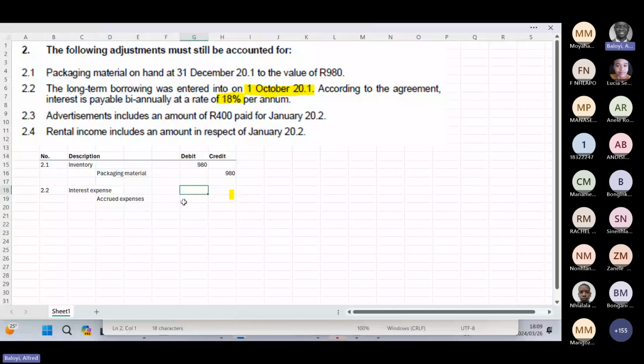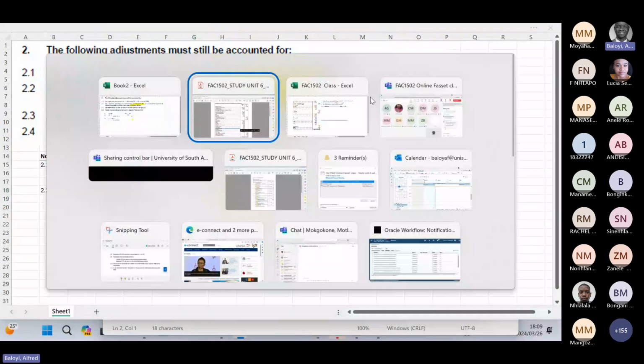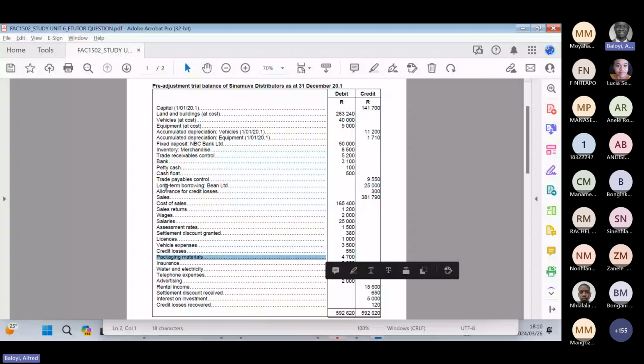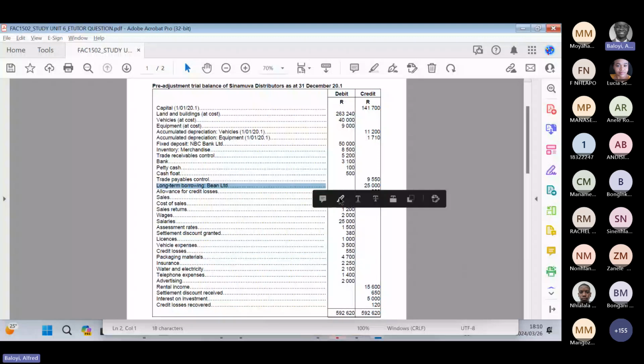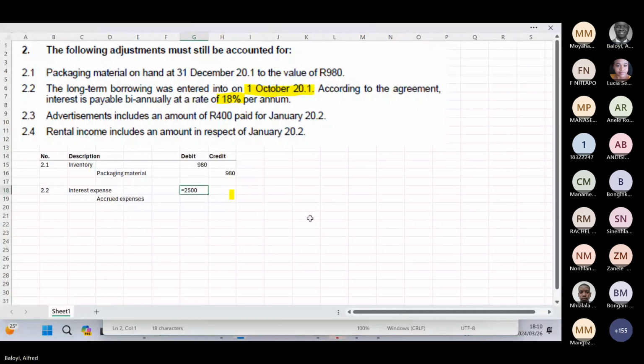How do you calculate that amount? Long-term borrowing: you go to your trial balance to determine it. Your long-term borrowing, according to this, will be 25,000. So you take the 25,000 multiplied by 18%, and then multiply it by the number of periods, which is October, November, December.